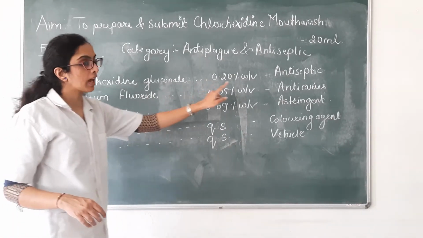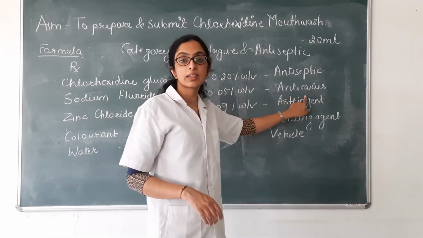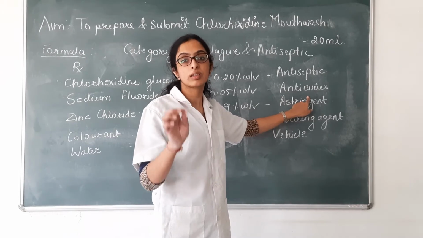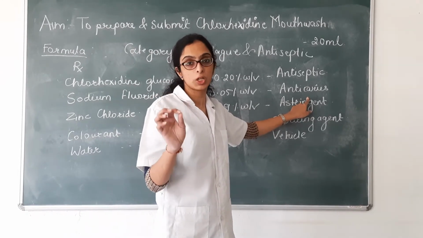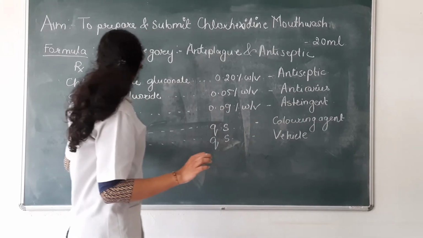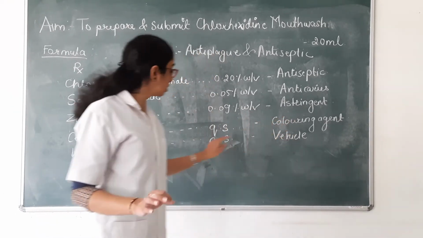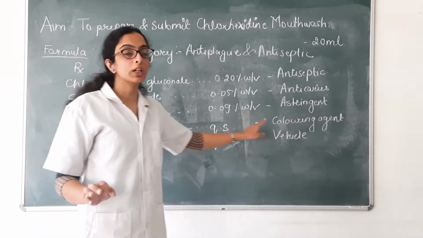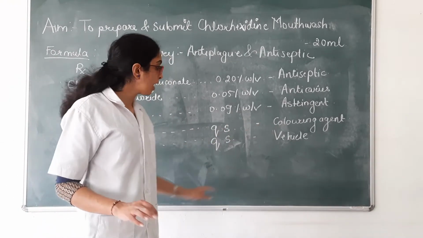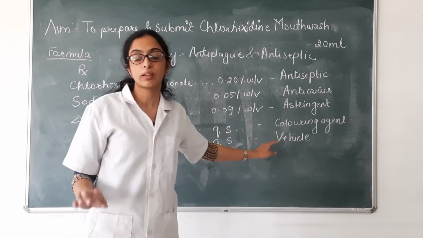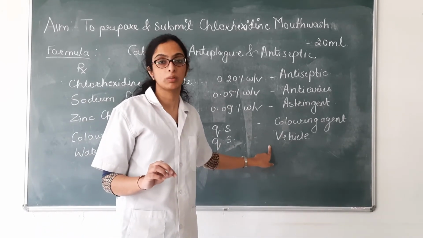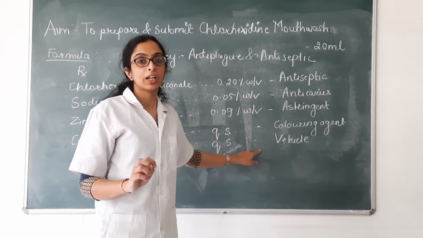Sodium fluoride acts as an anti-caries agent, that is it prevents caries, that is cavity formation in the teeth. Then zinc chloride acts as an astringent. Colorant, as I have told you, acts as a colorant. And last is the water, which will act as a vehicle for this preparation. Now see the calculations.